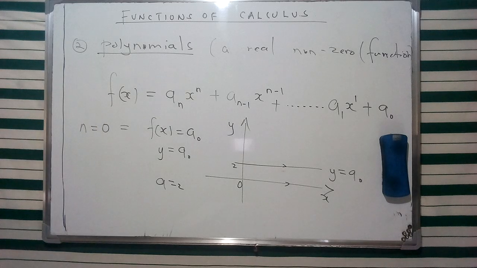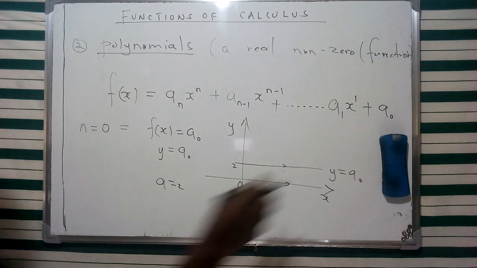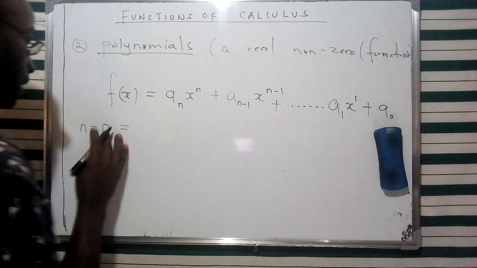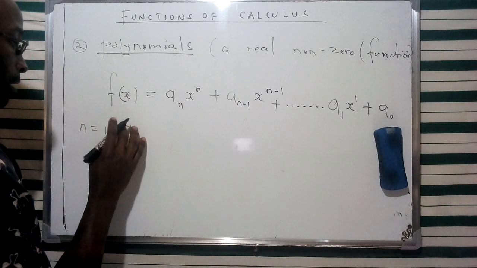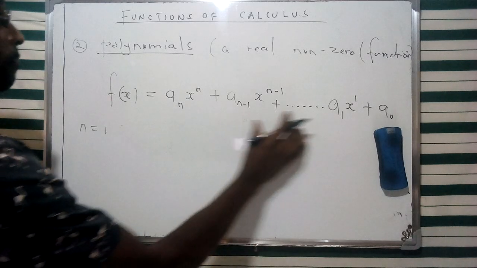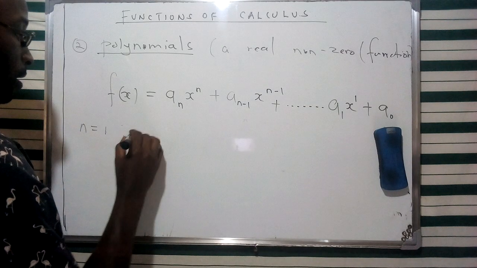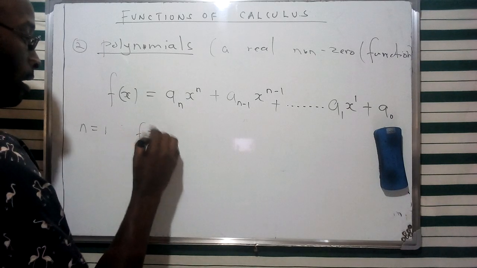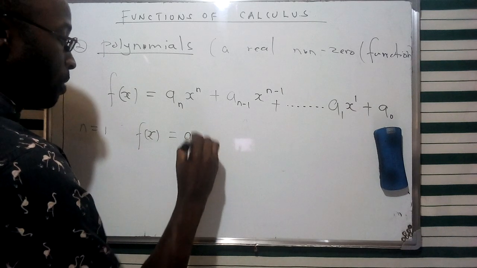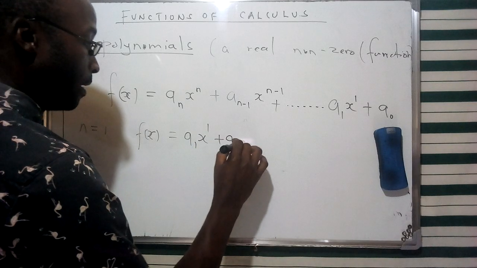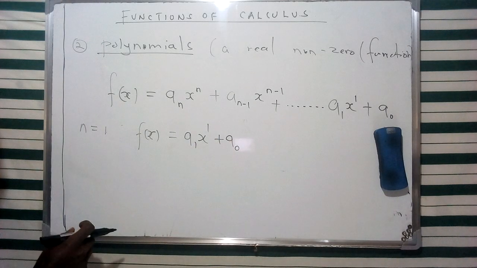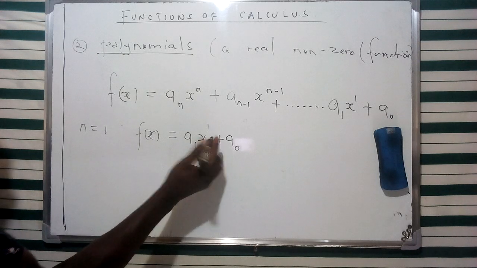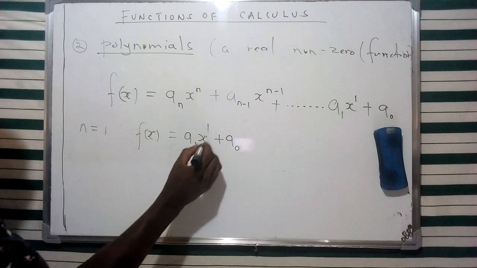So the second set of functions are functions which are going to be described in this specific form, whereby we're going to have n equivalent to 1. And as we can see from this description, the function of x is going to be described as a1 x plus a0, which basically states that it consists of a coefficient, the value of x raised to 1, and then this constant term.